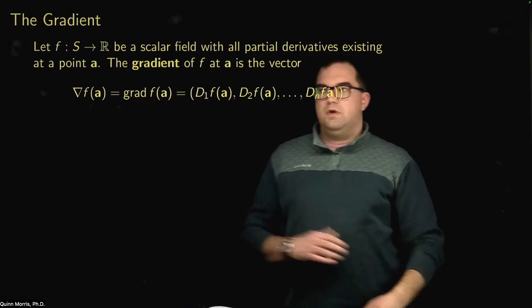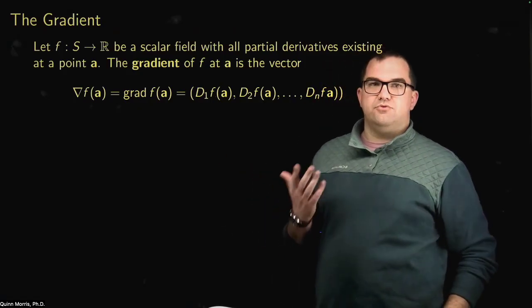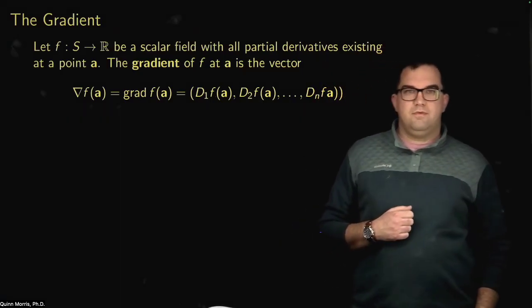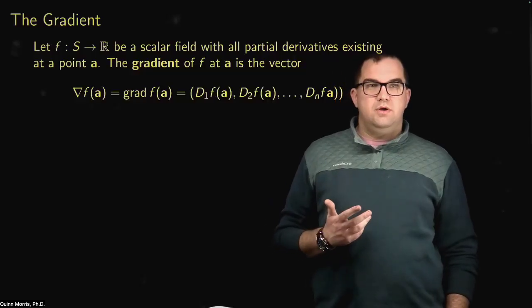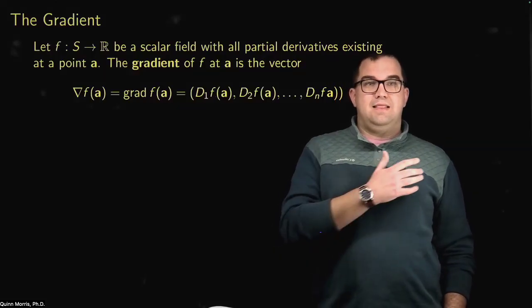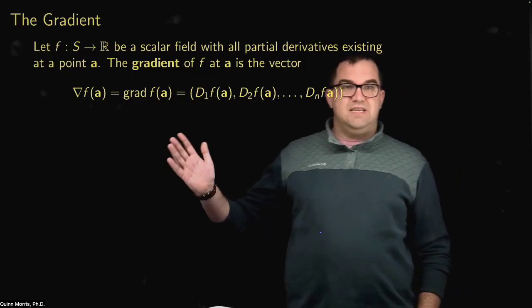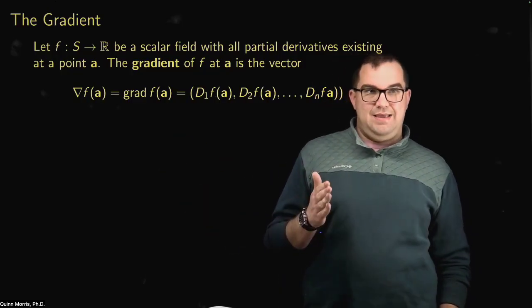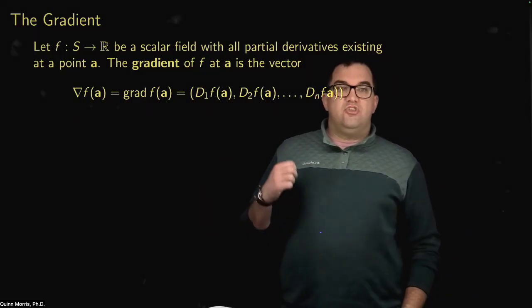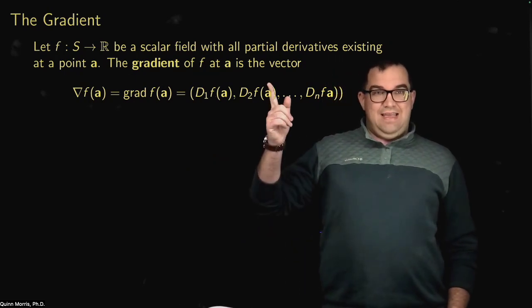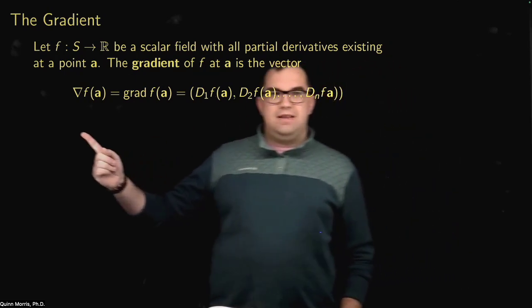All right. So first, let's just formally define this. Let F map from S into R be a scalar field, and let's imagine that all the partial derivatives exist at some point A. Then the gradient of F at A is the vector. We write it in two different ways.